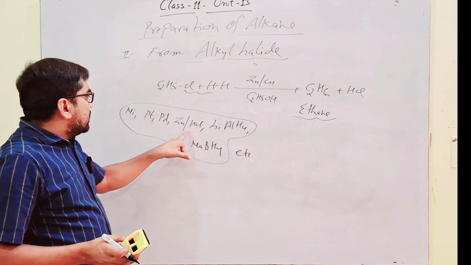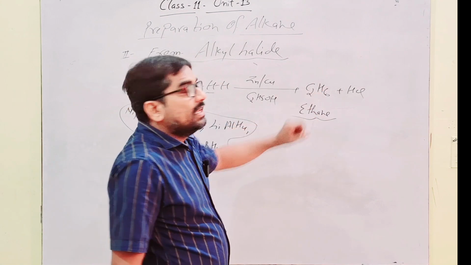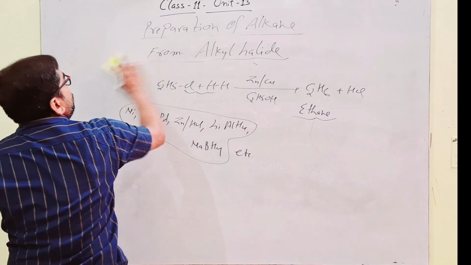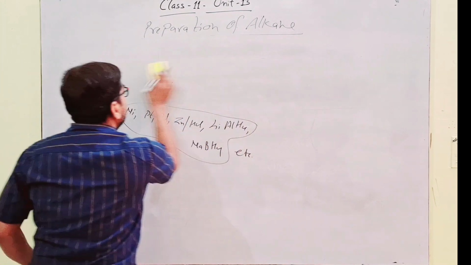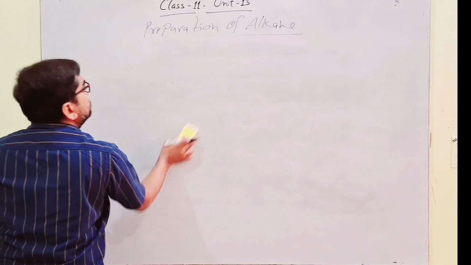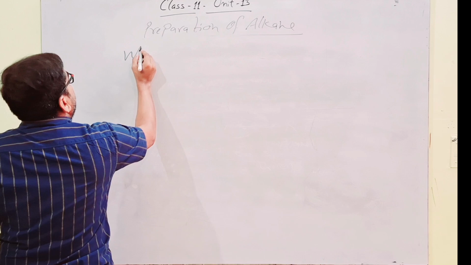Among these, you may use any one to reduce the alkyl halide for formation of alkanes. Next is Wurtz reaction.